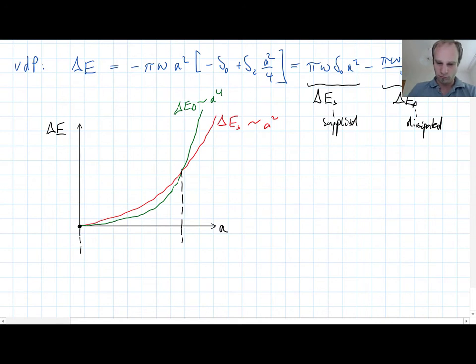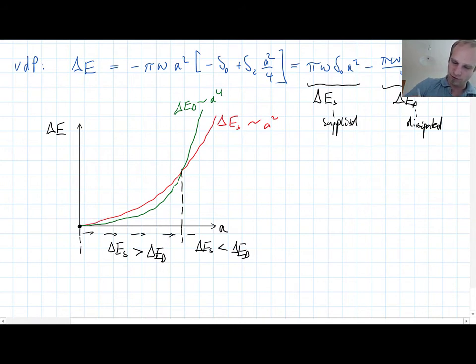So yeah, let's discuss the stability here. So in this range here, the supplied energy is larger than the dissipated one, and here it's the other way around. So delta E S is smaller than delta E D. So if the supplied energy is larger than the dissipated one, and I have a certain amplitude already, then this means the amplitude will further grow.